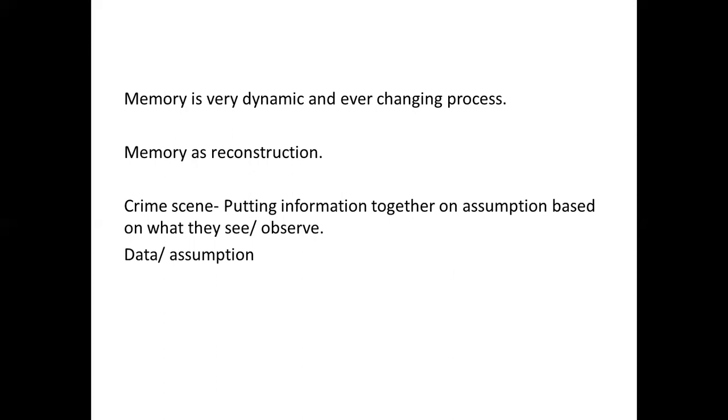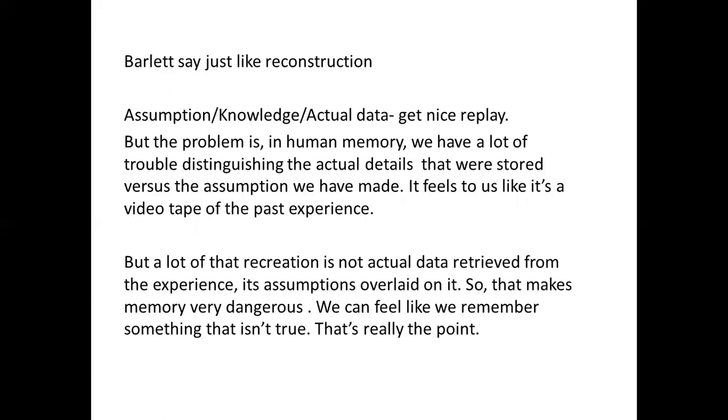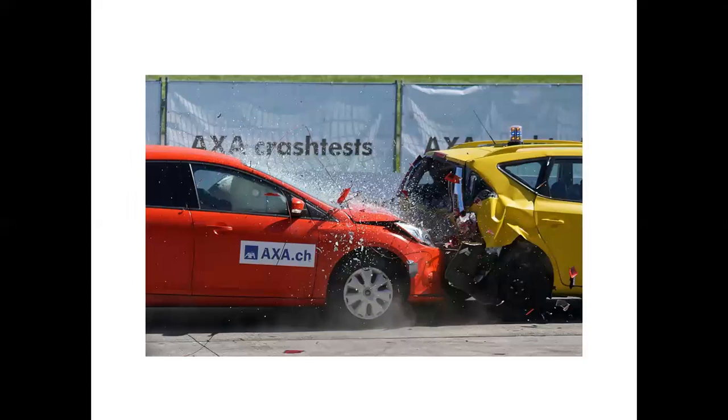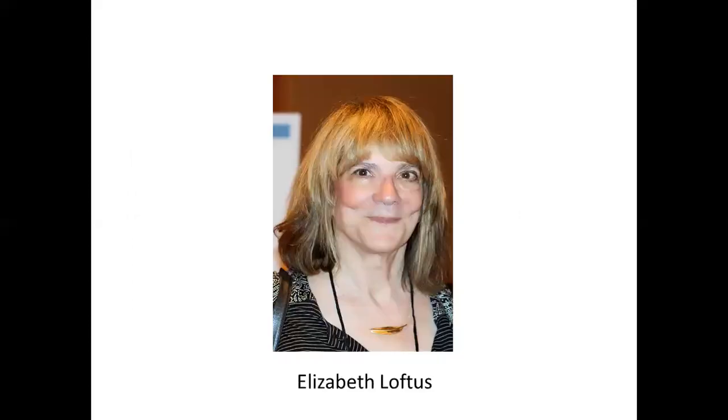Let me take you back into that scene, the accident scene. Here there was this psychologist, Elizabeth, who did an experiment. When this accident happened, there were witnesses present around, and after a few days, she took those witnesses to her lab and she interrogated them.